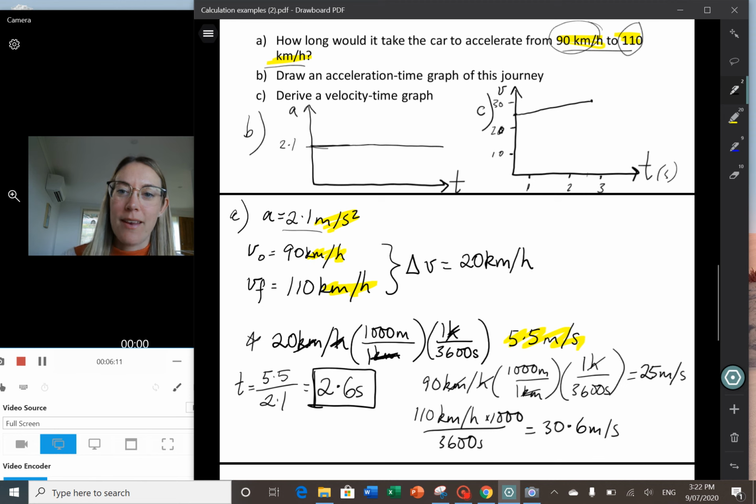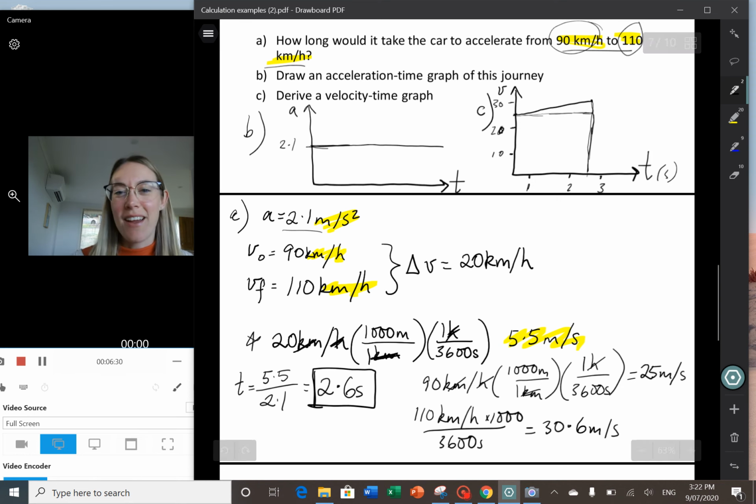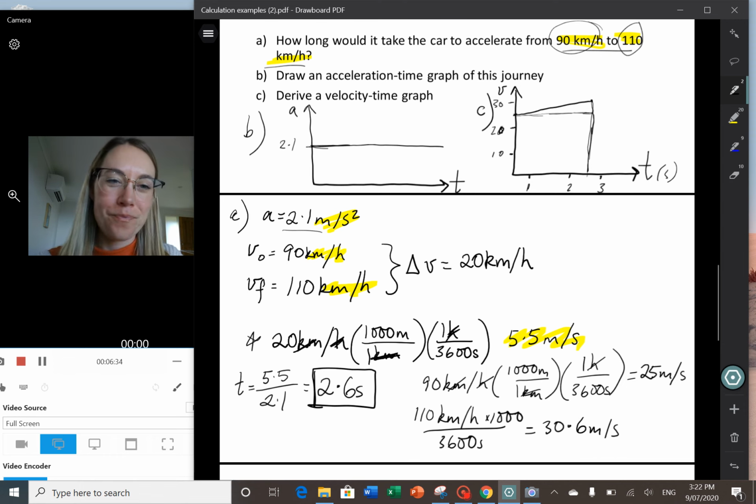And we can take it another step further, and we can use our velocity time graph to determine the distance travelled. So if I just do a tidy straight line there and another tidy straight line here, then I can geometrically calculate the distance travelled.